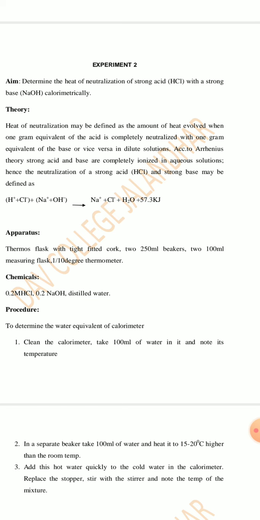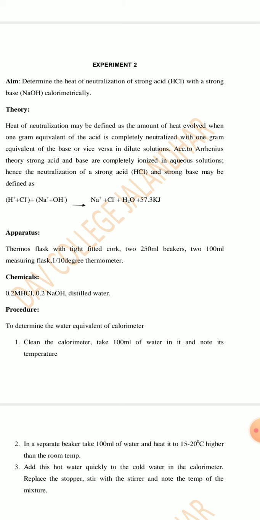The heat of neutralization may be defined as the amount of heat evolved when 1 gram equivalent of acid is completely neutralized with 1 gram equivalent of the base, or vice versa, in dilute solution. According to Arrhenius, strong acid and base are completely ionized in aqueous solution.